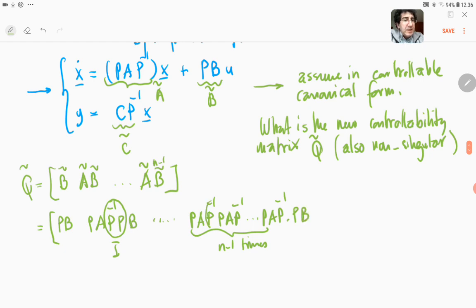So all the internal P minus 1 P's become identity matrices.